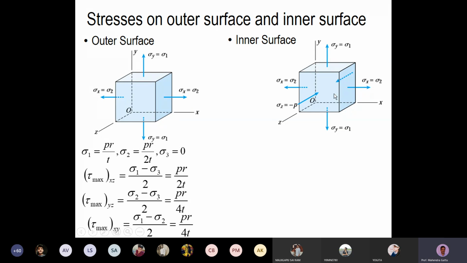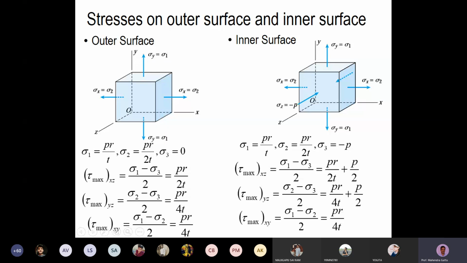And for the inner surface, again we have the compressive pressure acting on the yx plane. So we can find the maximum shear stresses. For this xy plane it will be sigma 1 minus sigma 2 by 2, which will be the same as this value, PR by 4T. And for the remaining two cases, I think again I have made the same error here. It should be yz and this should be xz.